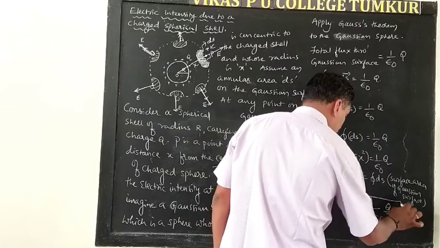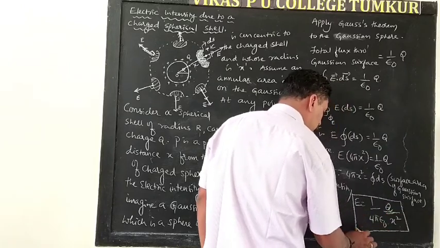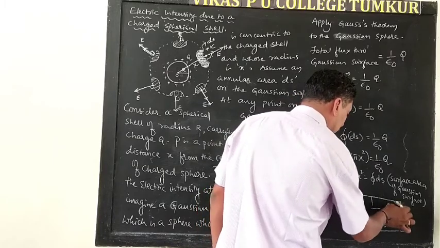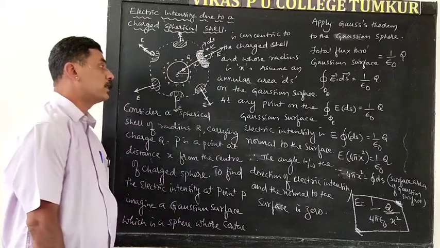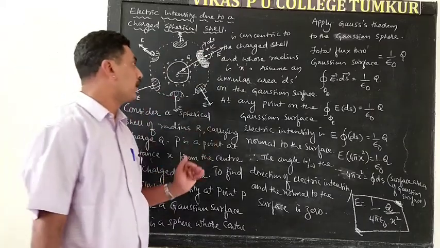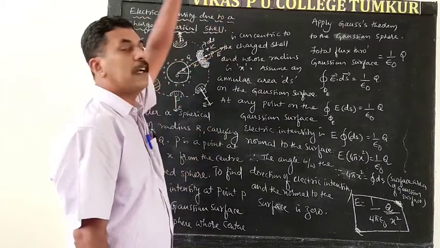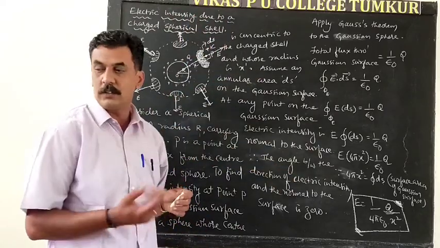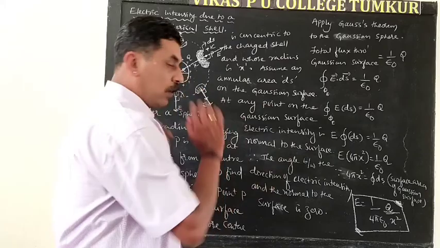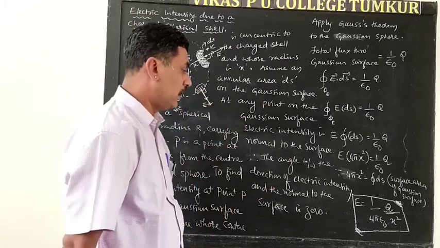So this will be the expression for electric intensity due to a charged spherical conductor at a point outside the conductor. So this is the formula for electric intensity due to a charge.